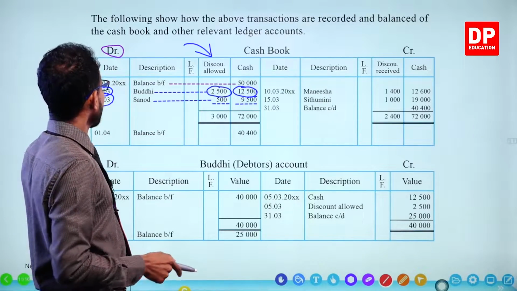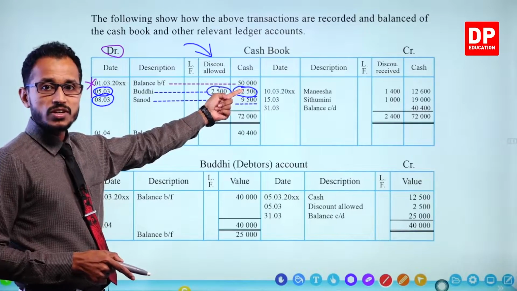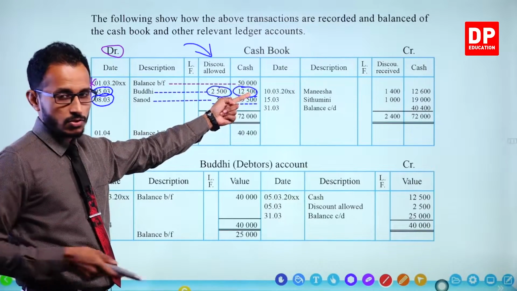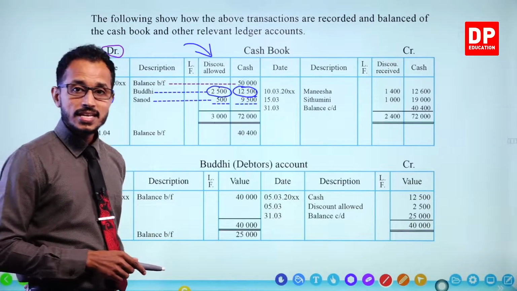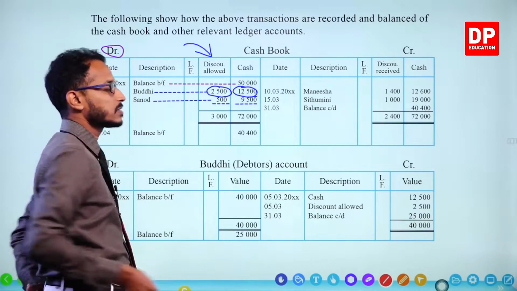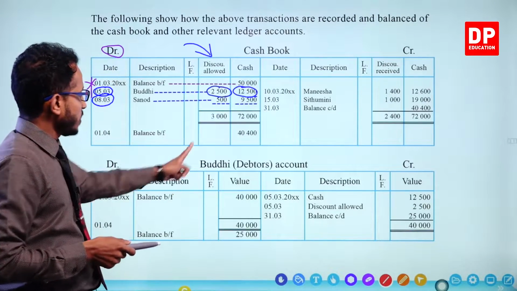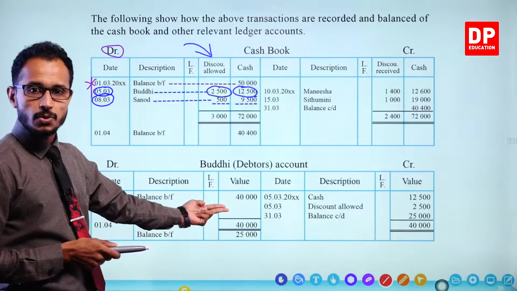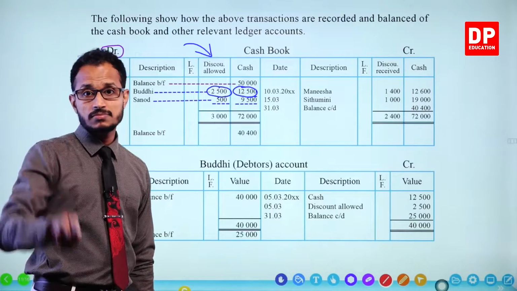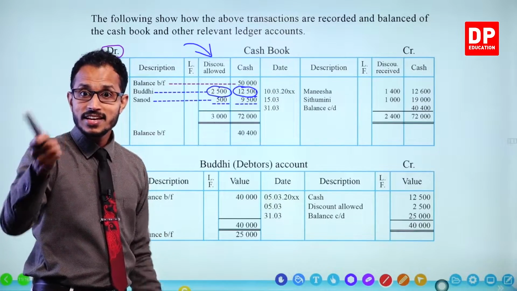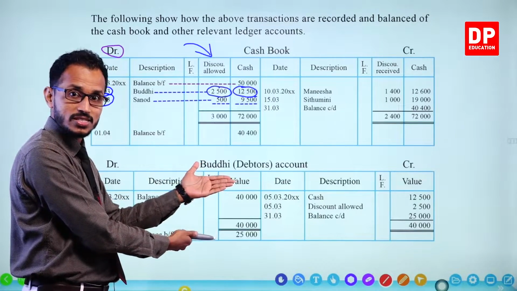Children, the first entry is the balance brought forward. There is no double entry for balance brought forward. Okay. Second entry is Buddhi's payment. There should be a double entry for Buddhi's payment. It is right underneath the cash book. If you did not notice, you are not paying attention.